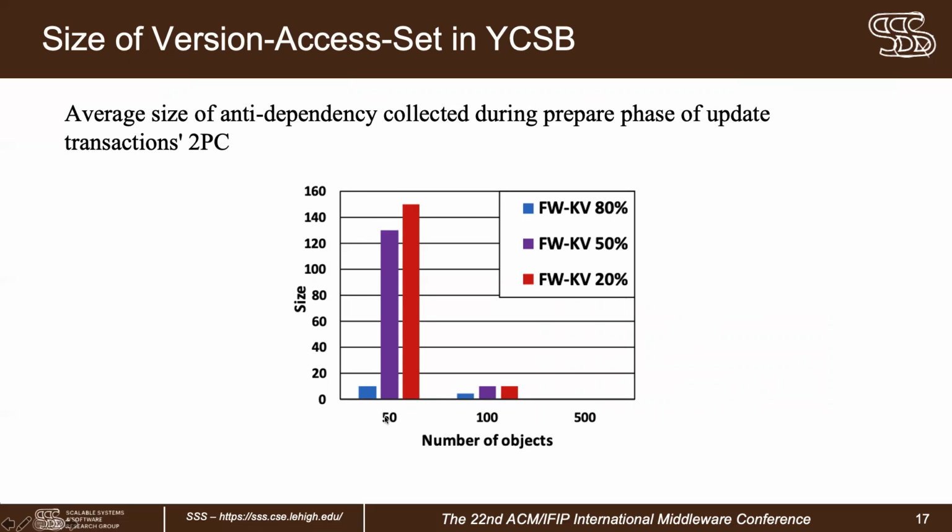Using 5K objects and 50K objects, we have extreme contention. Because of that, a lot of information needs to be propagated when committing update transactions. But when we have 500K keys, the size of the version access set is 0.